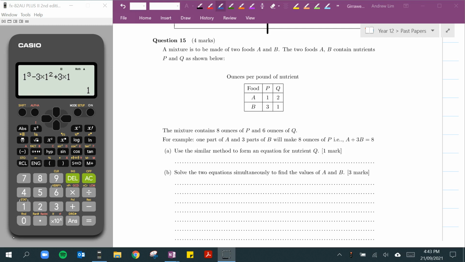So we've got 1 part of A and 3 parts of B will make 8 ounces of P, because it contains 8 ounces.